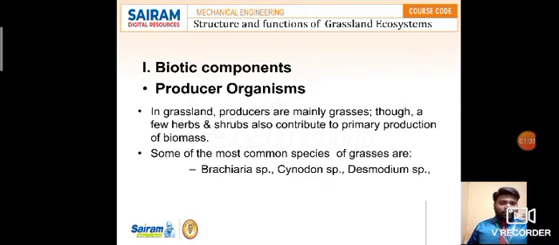Rather, they take the sun's radiation and rainwater, and prepare food in the photosynthesis process, and that's why they are called producer organisms. Mainly grasses, though a few herbs and shrubs also contribute to primary production of biomass. Some common species of grasses are given here as an example. All these come under producer organisms, so they come under biotic components.